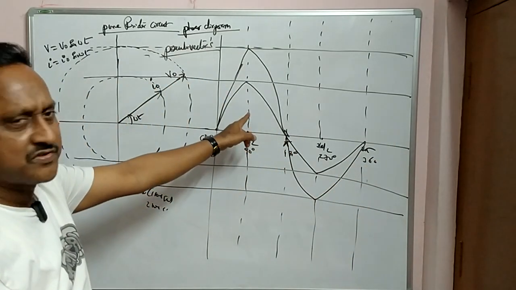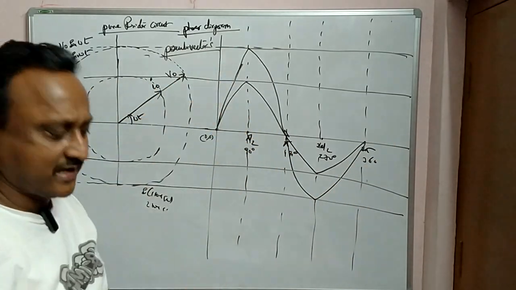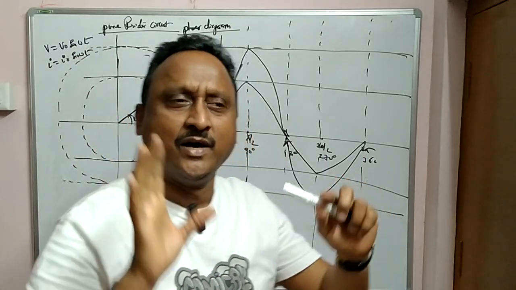So these are the graphs for current and voltage, the phasor diagram for a pure resistor.